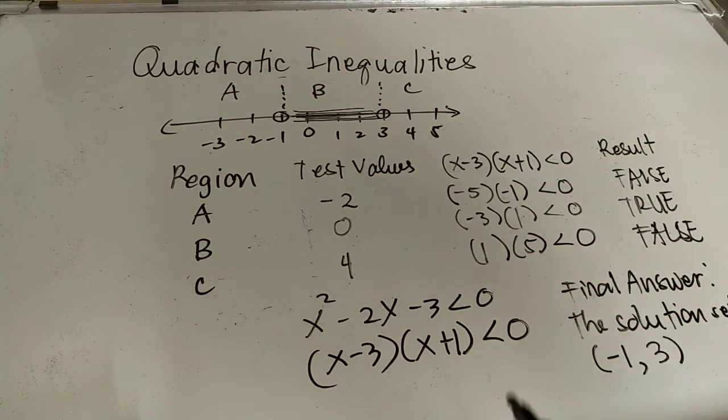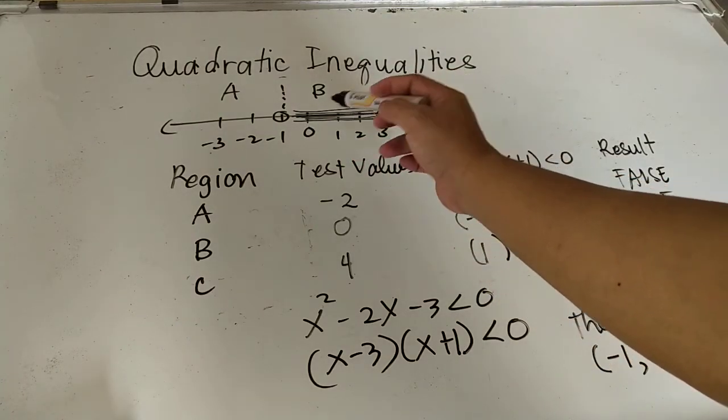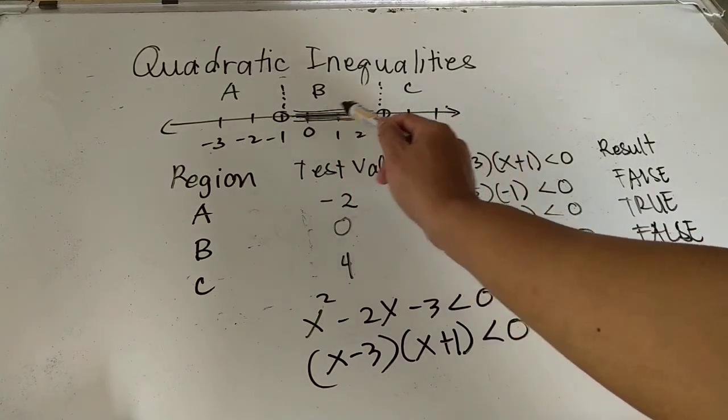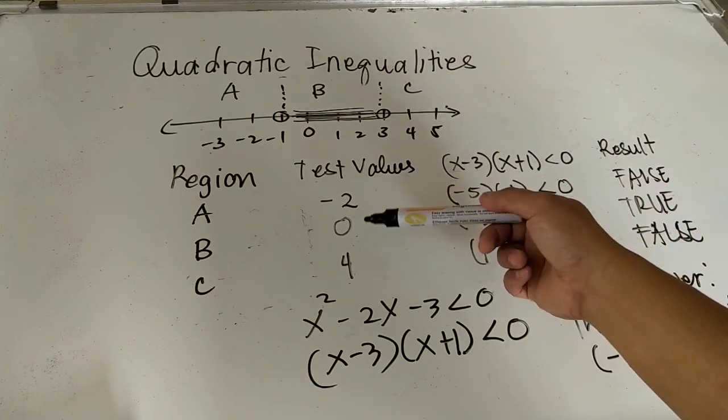Okay? So, ulitin natin. Ang nag-true lang doon sa ginawa nating testing is the region B, or the numbers between the -1 and the +3. Ito lang yung nag-true as we substitute the test values, the -2, the 0, and 4.